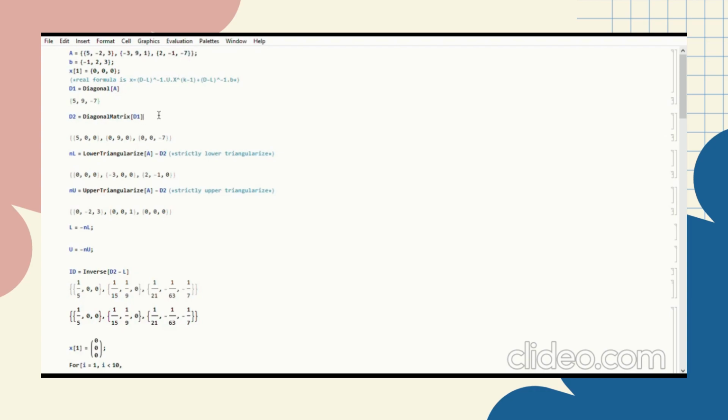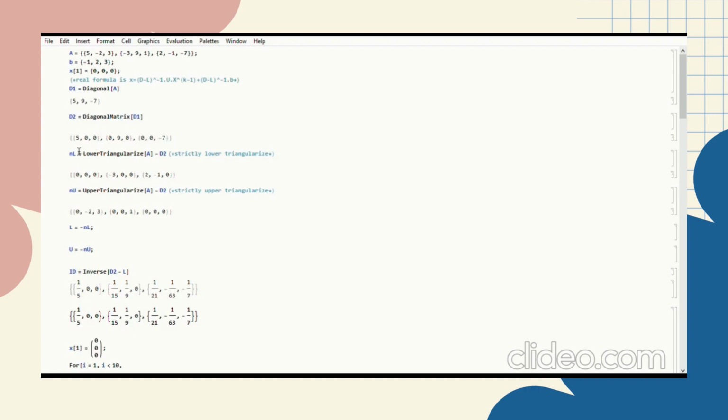I want to show it in matrix, so I have D2, and we arrange the diagonal in the matrix. We have 5, 0, 0, 0, 9, 0, and 0, 0, -7.